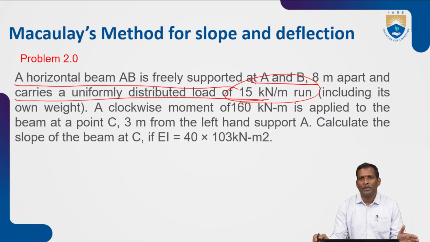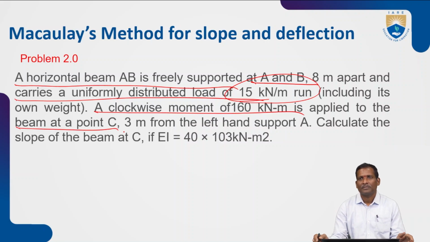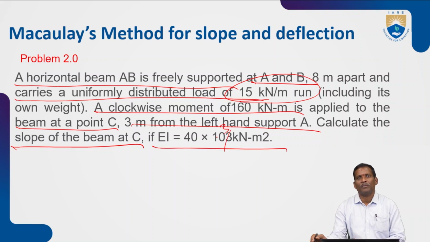A clockwise moment of 160 kilonewton meter is applied to the beam at a point C, 3 meters from the left hand support A. Calculate the slope and deflection at C. EI, the structural rigidity, is given as 40 into 10 cubed kilonewton meter square.